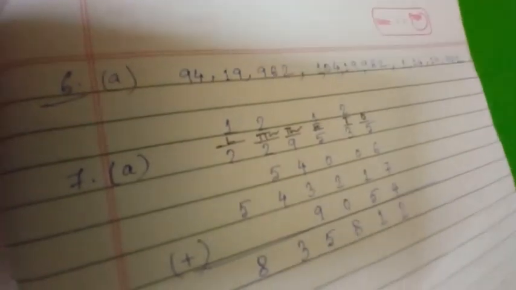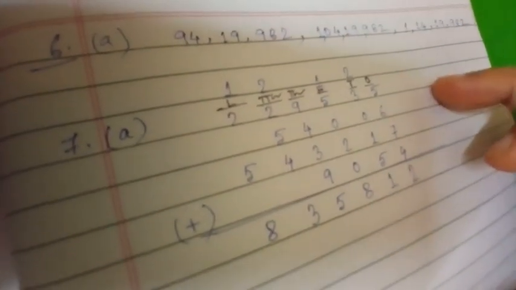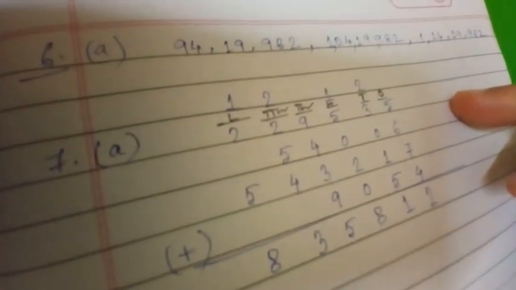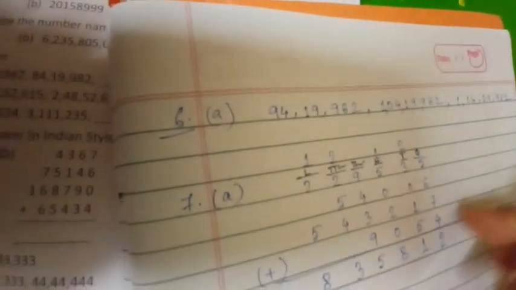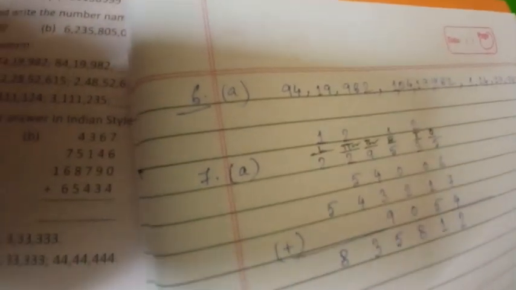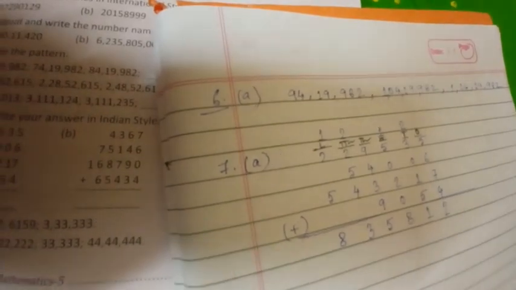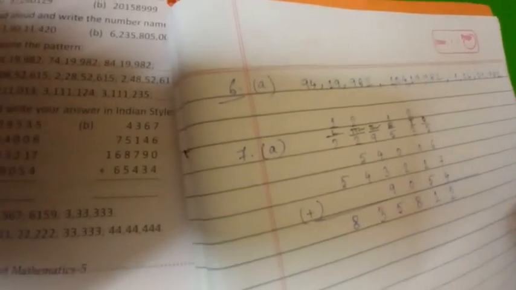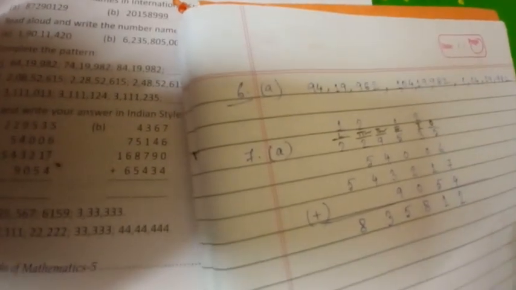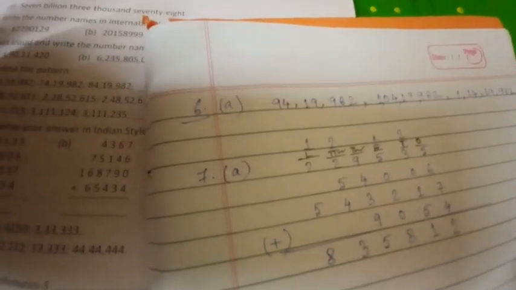And when you copy this type of question in your copy, keep some space between 2 digits. Otherwise you write all the digits together, no space is left there, and it will cause mistakes. So whenever you write, keep some space between 2 digits. That will help you to solve this type of problem.